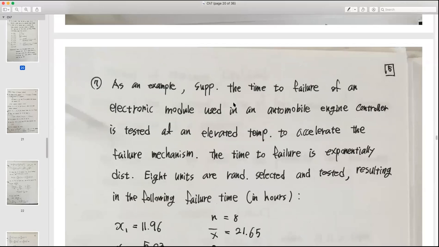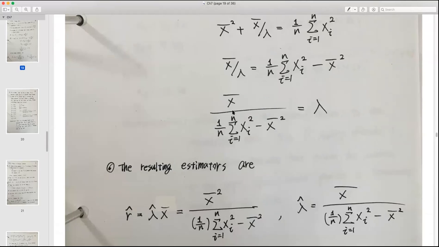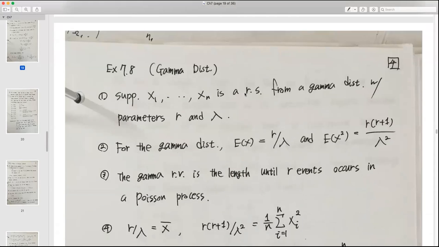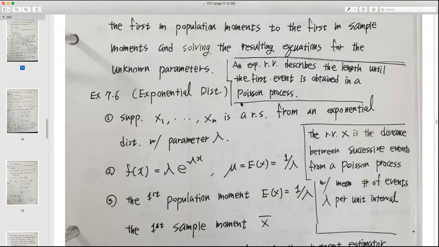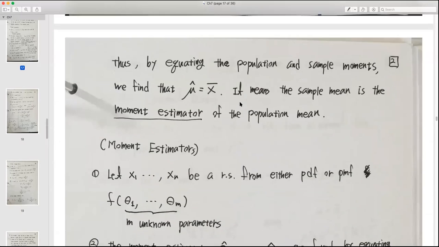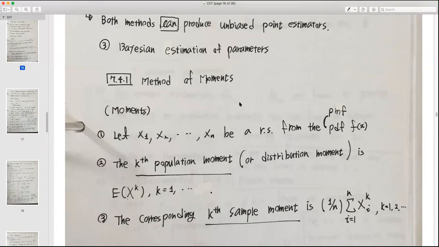All right, in this video, I'm going to continue to cover 7.4, the moment estimator and then the maximum likelihood estimator. Last time I introduced the moment estimator, the method of moments, 7.4.1.